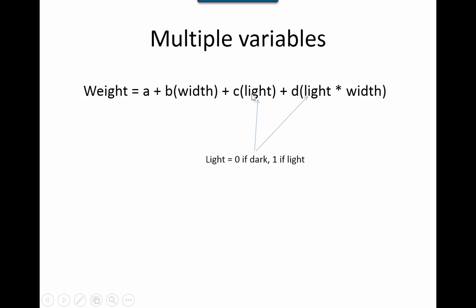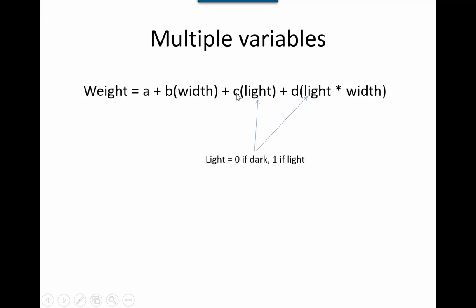Dark-colored individuals are coded as 0. So C times 0 gives us nothing. So these 2 terms disappear. So this over here says what's going to happen when we have dark-colored individuals.